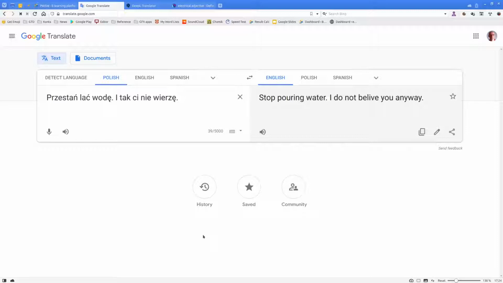But that may be because it just recognizes or finds another example in the database of a whole sentence which is translated and just replaces it, right?